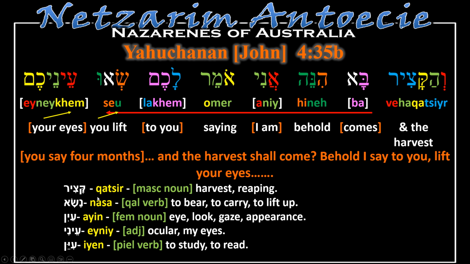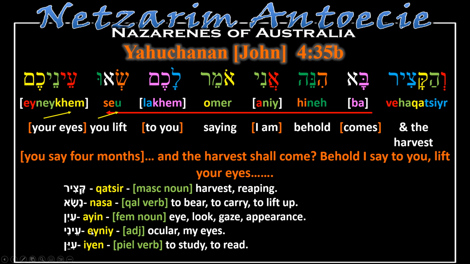And I've given you katsir, which is a masculine noun for harvest or reaping. And then we have nasa, which is a verb to bear, to carry, or to lift up. And then we have ayin, a feminine noun meaning eye. It can also mean look, gaze, appearance.